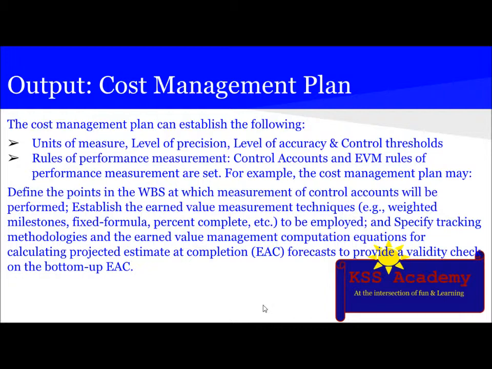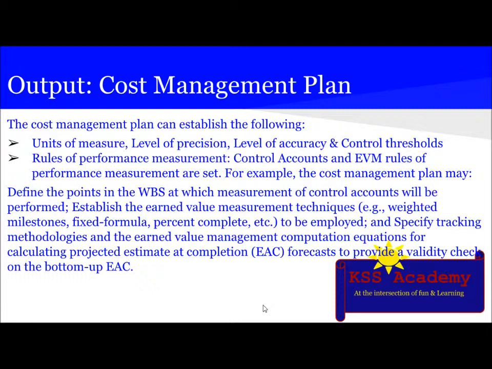It establishes the earned value management techniques, for example weighted milestone, fixed formula, percent complete, etc., to be employed. Then it specifies tracking methodologies and the earned value management computation equation for calculating the projected estimate at completion, also called the EAC forecast, to provide a validity check on the bottom-up estimate at completion.